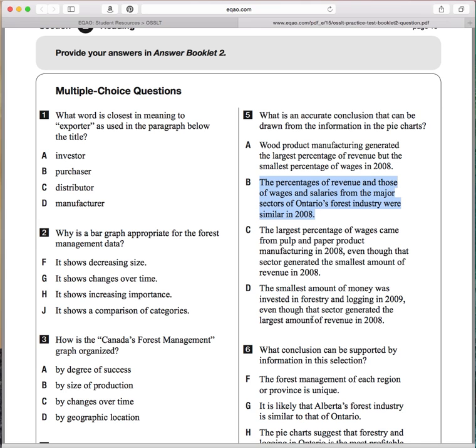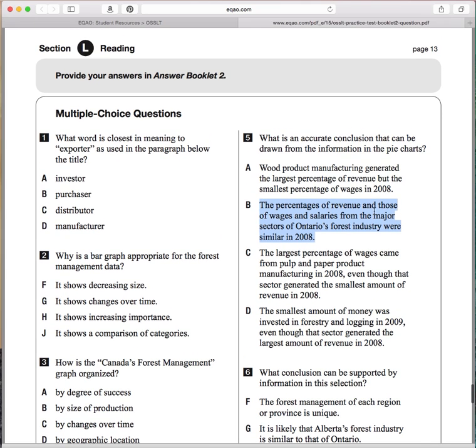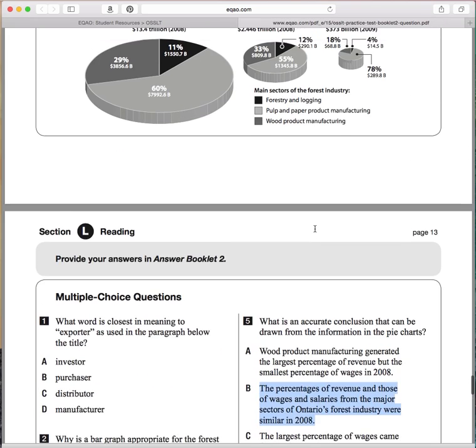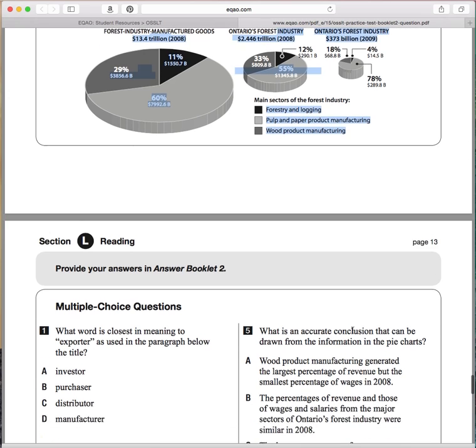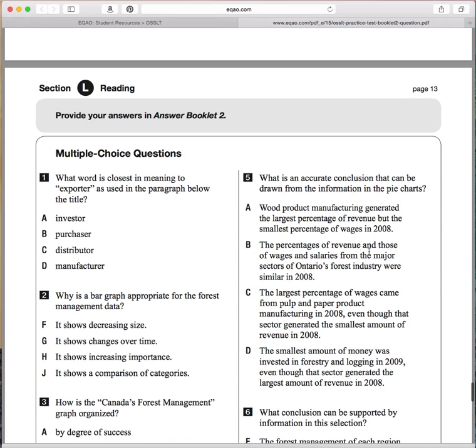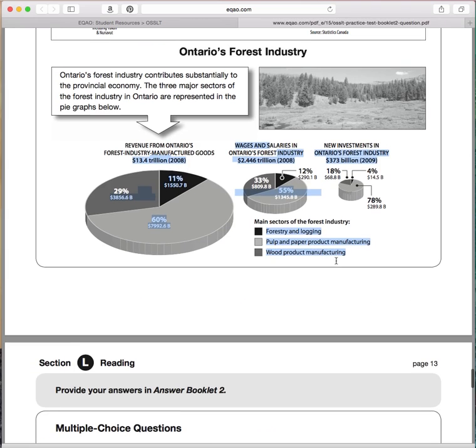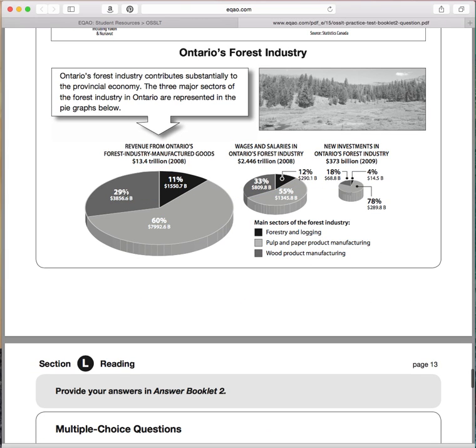The percentage of revenue and those of wages and salaries from the major sectors are similar. So B is saying that as we compare revenue to salaries and wages, we should see that the percentages are roughly the same. 29, 33, I think we can say that that's similar. 11 compared to 12, that's similar.